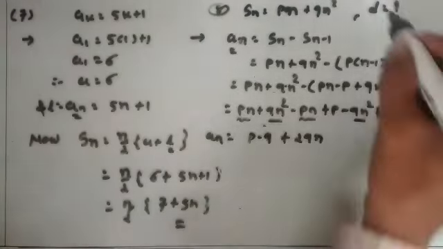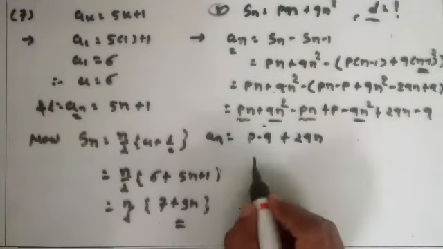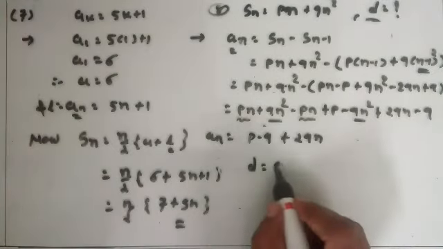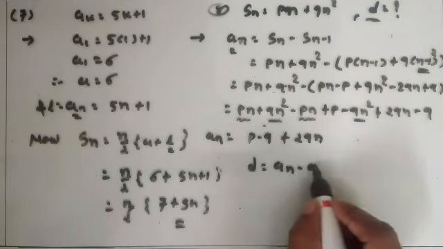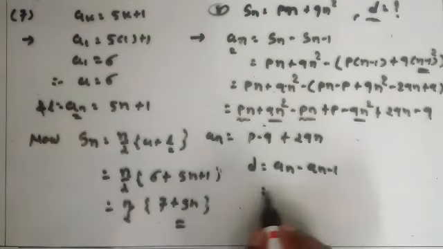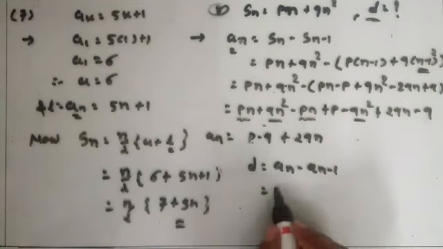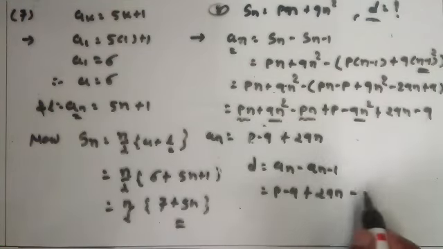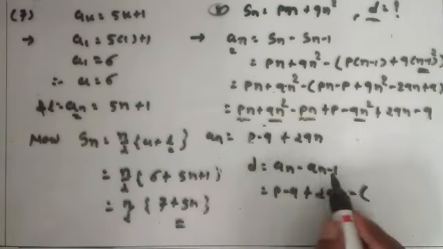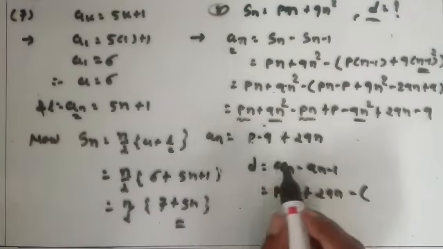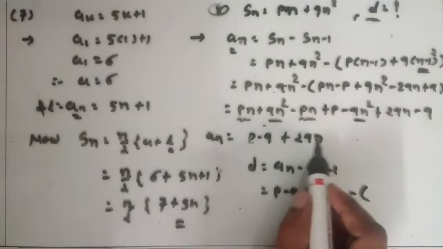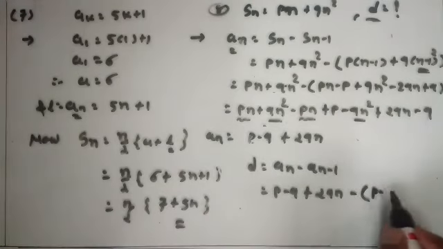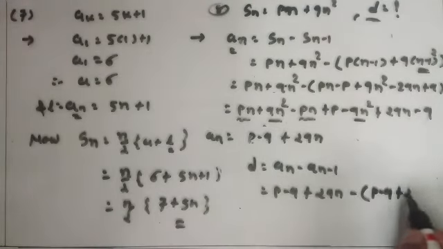Now to get the common difference, we know that common difference D is equal to an minus an minus 1. So the nth term is P minus Q plus 2Qn, and an minus 1 is obtained by replacing n by n minus 1: P minus Q plus 2Q into n minus 1.